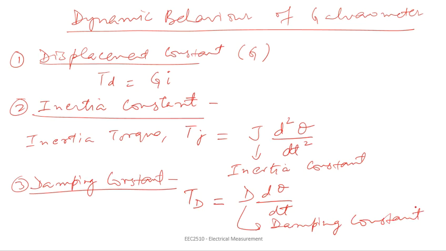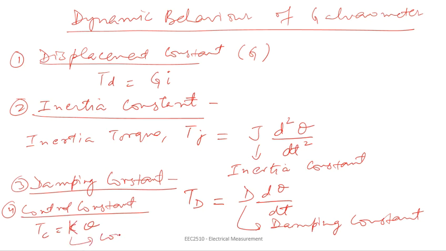Finally, there is a control constant. The controlling torque is produced due to the elasticity of the system. As we saw previously, it is simply K times theta, so K is called the control constant.